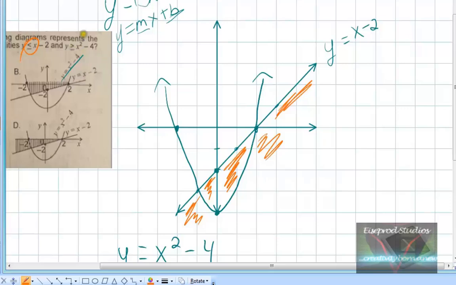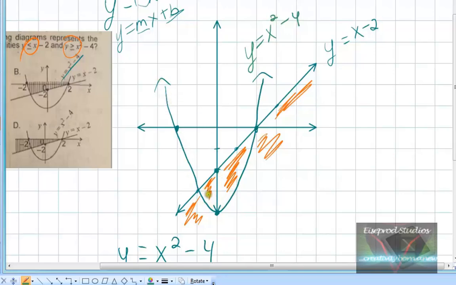And now let's look at the other one. It says greater than or equal to the line. So anything greater than or equal to x squared minus 4. Well, this is the line, and I didn't label it. This is y is equal to x squared minus 4. That's this curve. What is greater than or equal to this line?